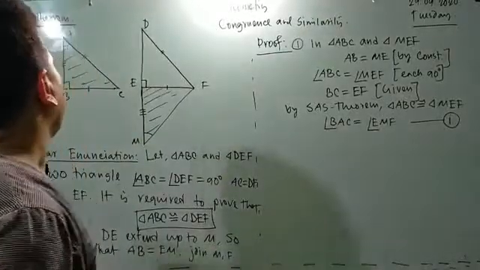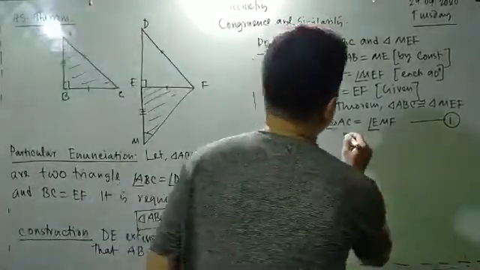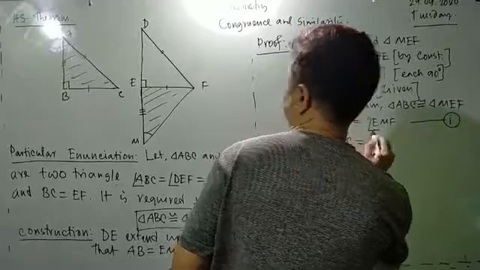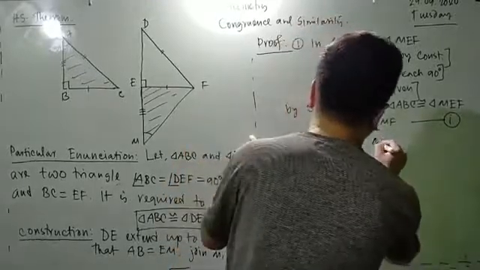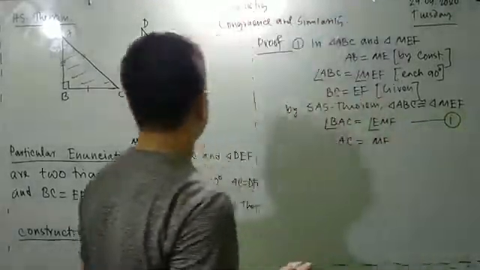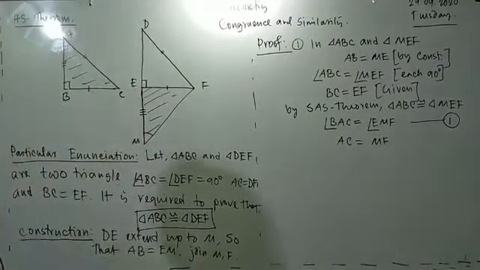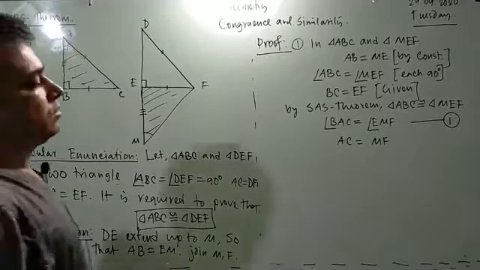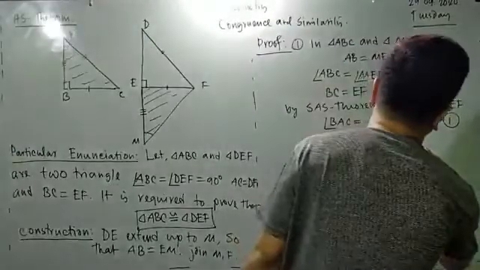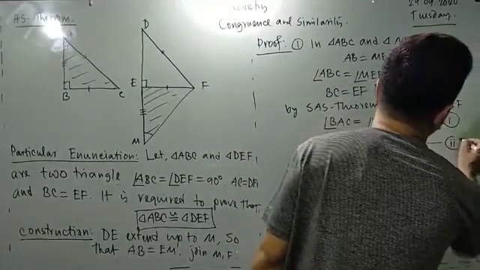Okay, and we can say AC equals MF, because both of these triangles are congruent, so corresponding sides must be equal. So AC equals MF. We have taken this as equation 2.